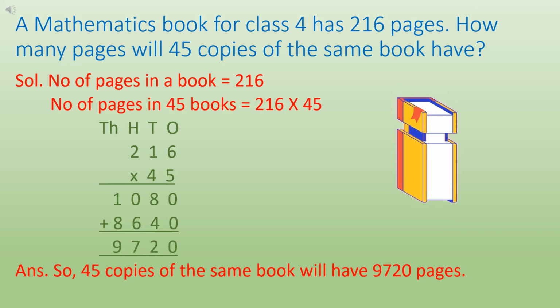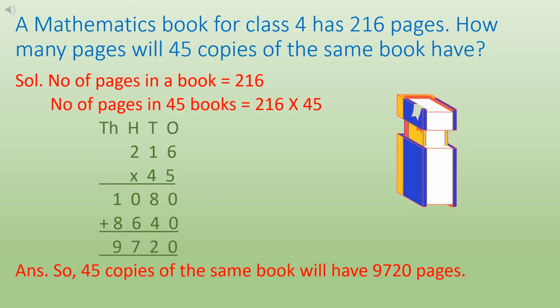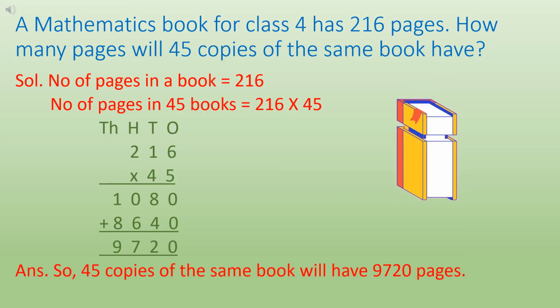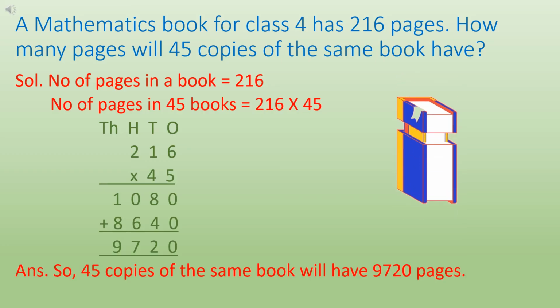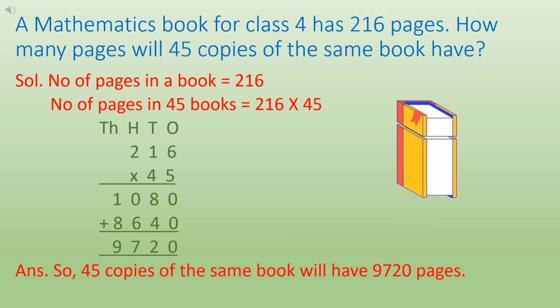Now next we will multiply 216 by 40. So because we have to multiply it by 40, we will write 0 in ones place and we will multiply 216 by 4. So 4 sixes are 24 and 4 will be written in tens place and 2 will be carried over.